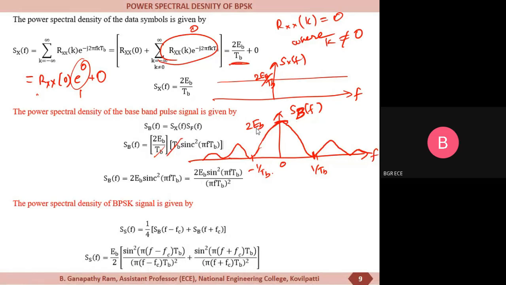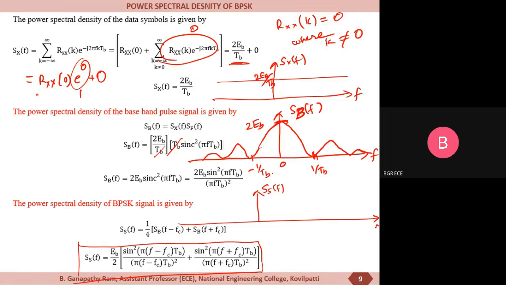And the power spectral density of the binary phase shift keying signal is given by S of f is equal to 1 by 4 multiplied by SB of f minus fc plus SB of f plus fc, as already discussed. So here we have to substitute this SB of f, we will get this expression, and in spectral representation, this will occur centered around Fc.